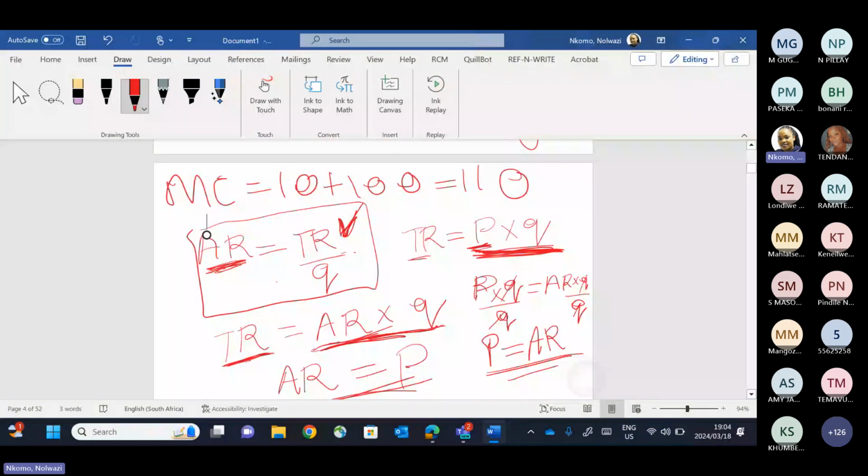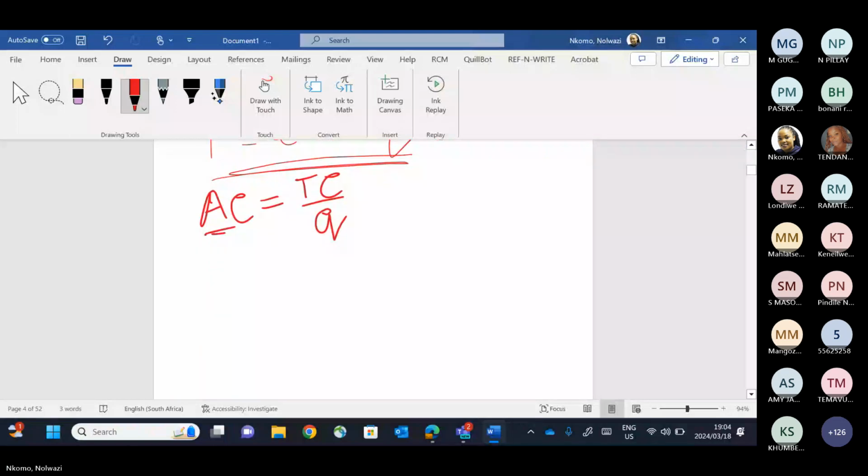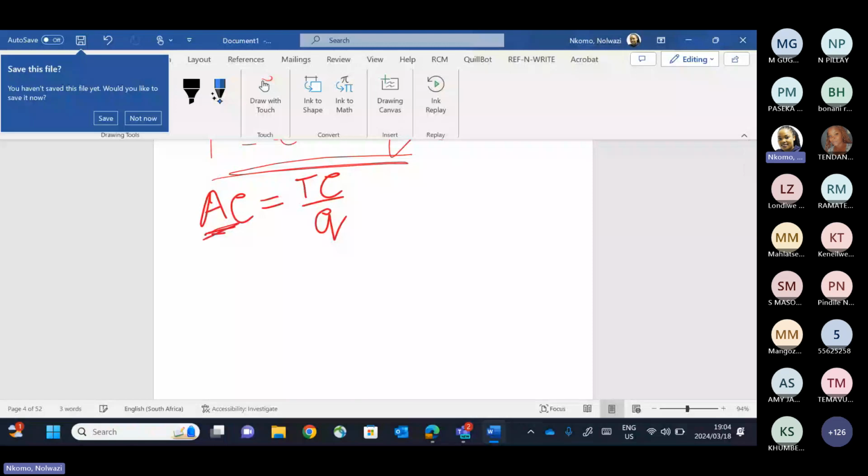So knowing this will help you decide on the price of the products you are selling or the service you are giving. It depends on the nature of your business.